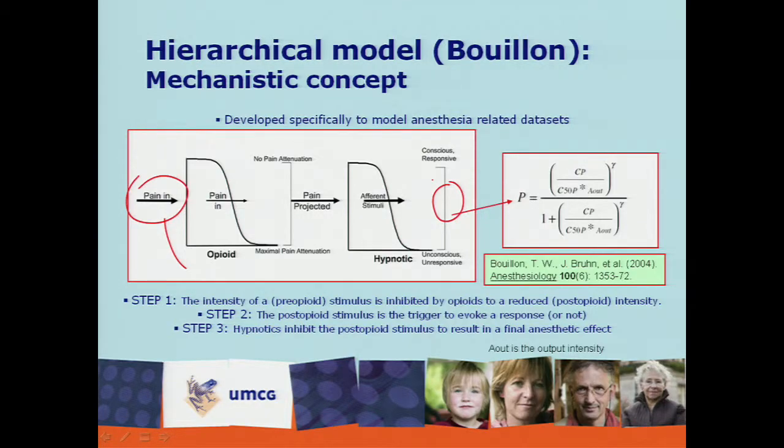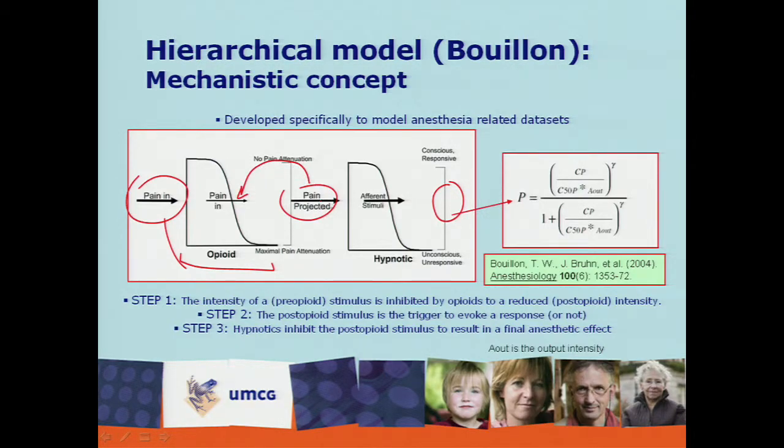If you hurt the patient, the noxious stimulus, the patient will arouse. That's something we all know. So to avoid the patient arousing, you have to give an opiate to block the arousal reaction. So first you need opiate. And when you give an amount of opiate, your projected pain will decrease in relationship to the amount of opiate that you give.